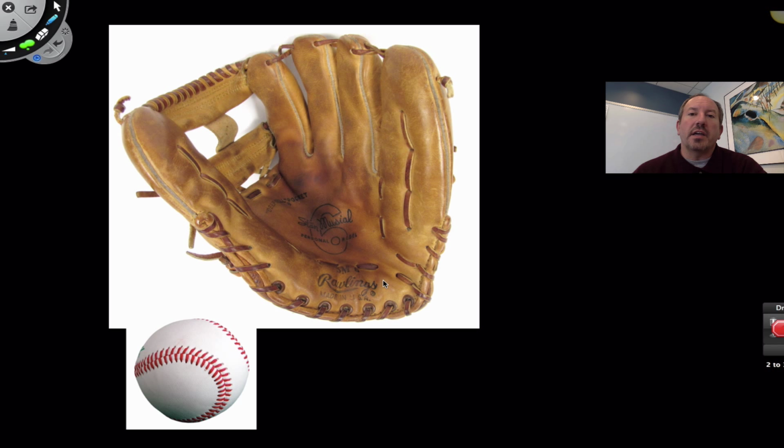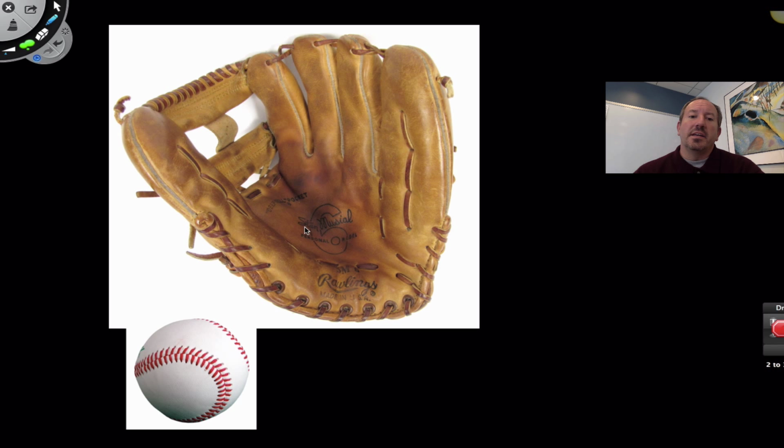I'm prone to go a little overboard, as most of you know from watching previous videos, on analogy, but I like analogy. The enzyme is like a baseball glove, and the pocket is like the active site, because this is where the substrate, or the ball, fits in, and the point of a glove is to catch the ball.